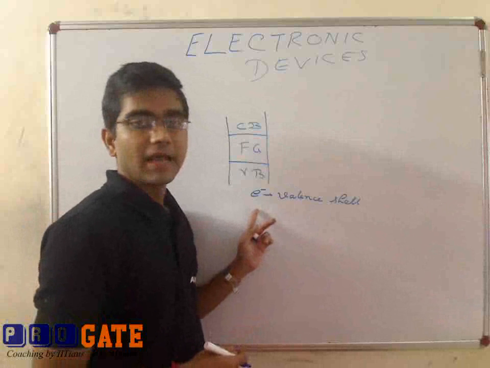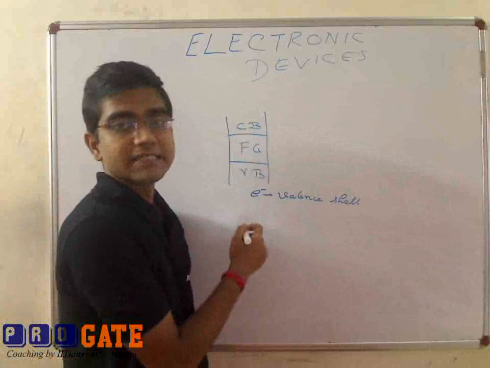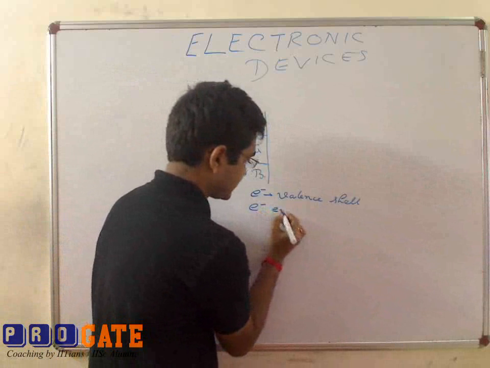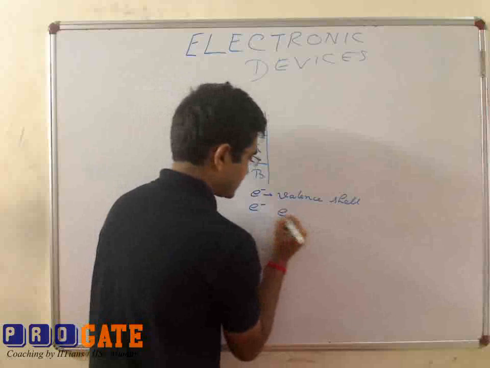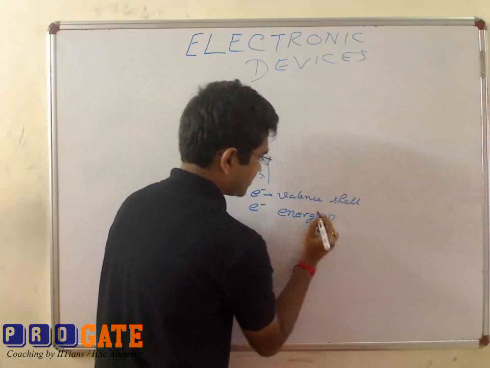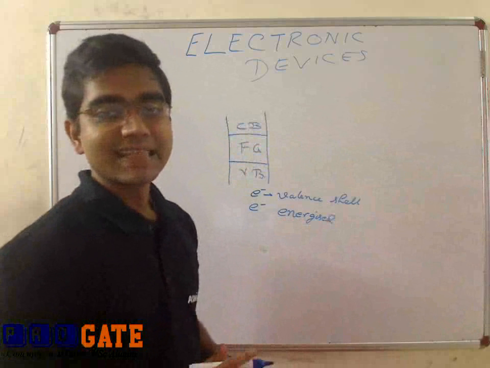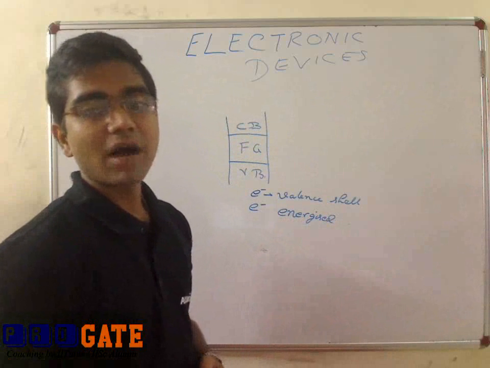If this electron is sufficiently energized, then it can break open from its valence shell and become a free electron.